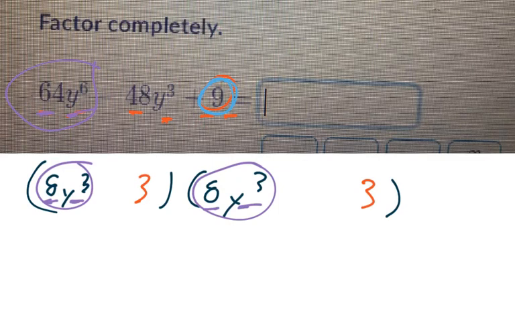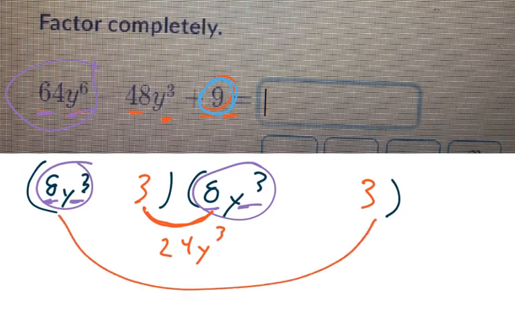But let's see what our inner loop here gives us. 3 times 8 is 24y to the 3. 3 times 8, again, is another 24y to the 3. Notice the middle is a minus, watch the signs, minus 48y to the 3.